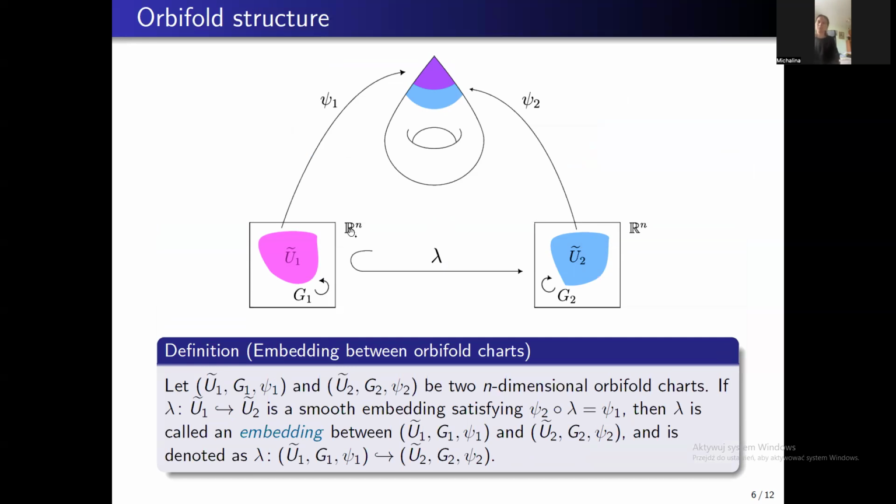If the first open subset embeds in the second open subset by a smooth embedding lambda, and the diagram in this picture is commutative, then this lambda is called an embedding between orbifold charts.